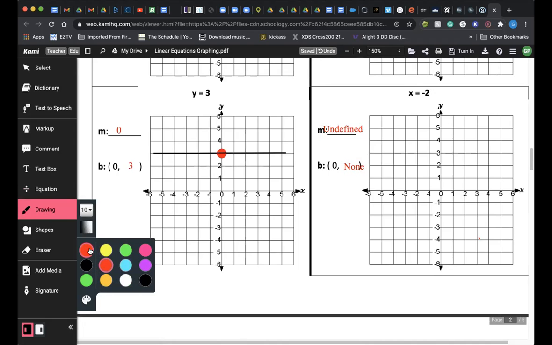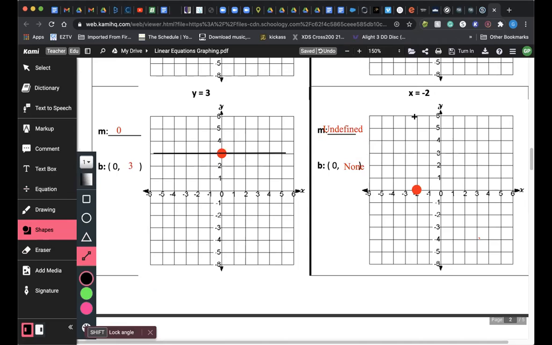My only point that I can really create is just here on this line, and I'm going to create a straight vertical line that goes through x is equal to -2. All right, that's my line. It's straight, it's vertical. There is no slope. It is undefined, okay? And it is undefined because it's vertical.